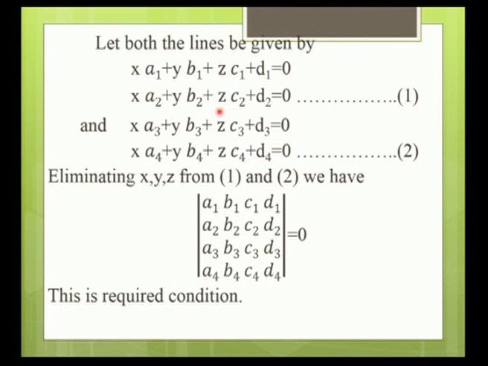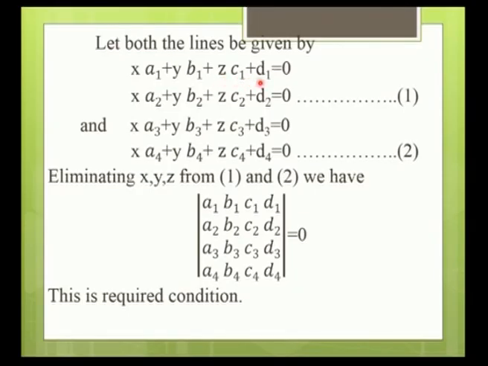Ax plus By plus Cz plus D equal to 0 is a first degree equation in x, y, z, and represents a plane. Another plane will also have the same kind of equation. When these two planes intersect, we get two equations, and those two equations give the equation of a line.